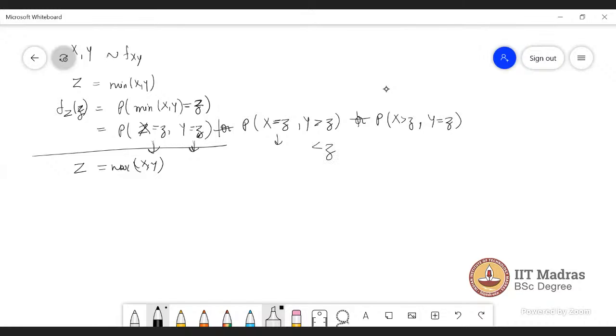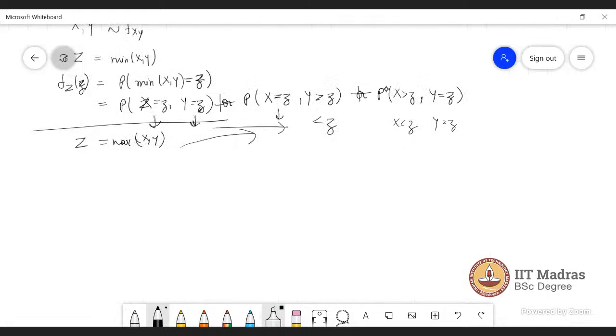And in case y is the maximum, then x should be less than z. So that will be the case when z is the maximum of x, y. So the distribution will vary a little. This is the distribution for the maximum of x, y. Again, it will be the summation of all such possible combinations, right?